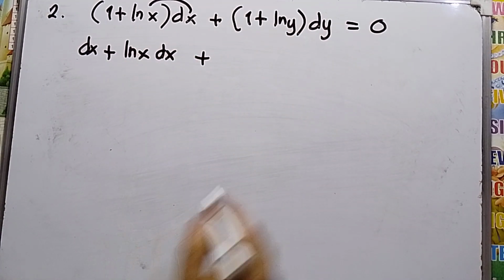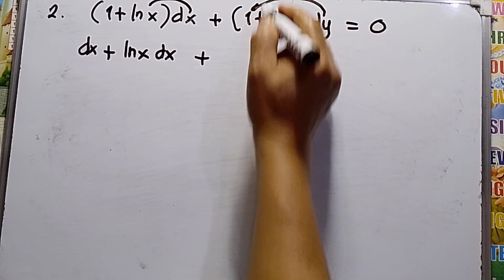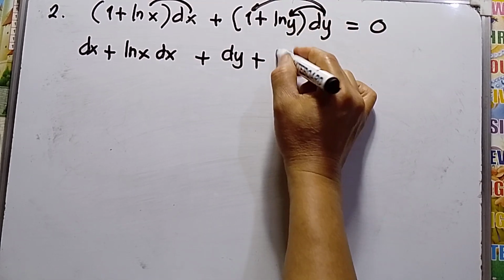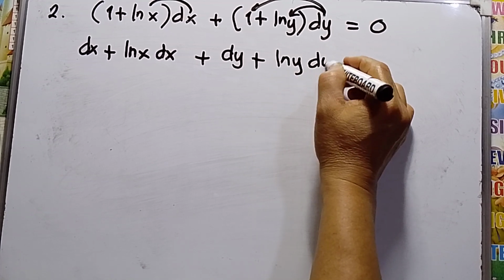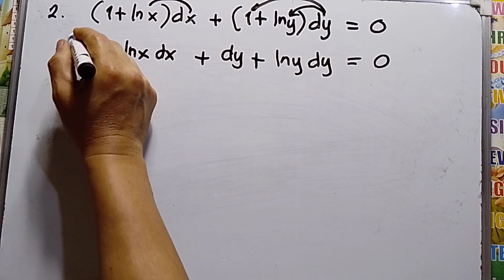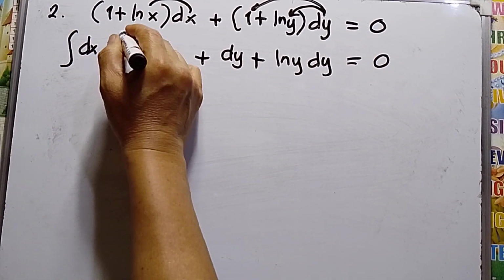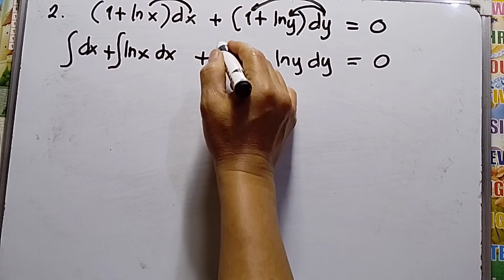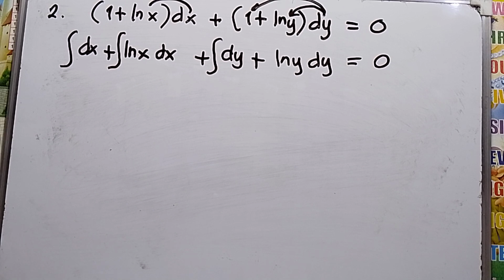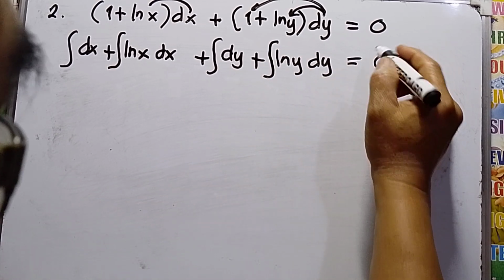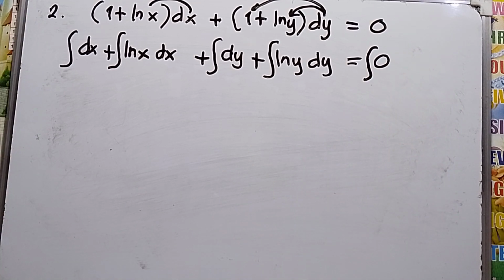Same with the second group, need to distribute. So this will be dy plus ln y dy is equal to 0. Then I need to integrate individually. So this will be integral of dx, then integral of ln x dx plus integral of dy, then plus integral of ln y dy, and then integrate 0.